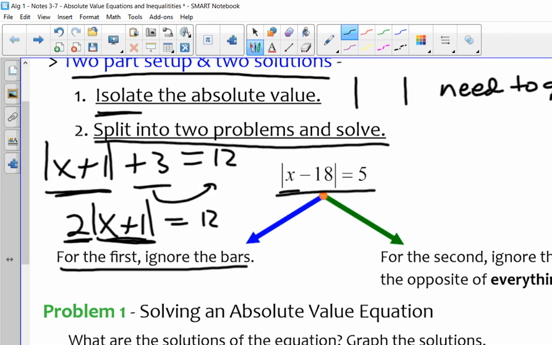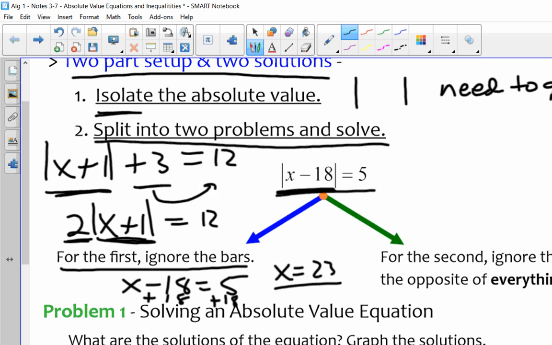There is nothing over here with it, so yes, it's isolated, so I can move on. Now, ignore the bars. That means forget that the bars were there and just rewrite the equation and solve it, okay? So I'm going to go ahead and add 18 to both sides, and I get x equals 23.